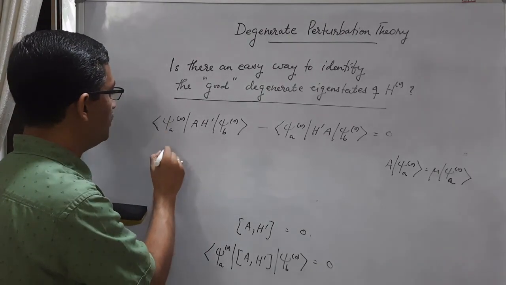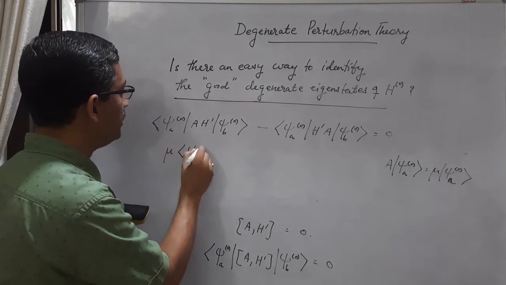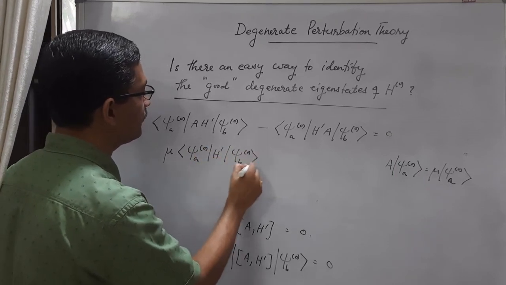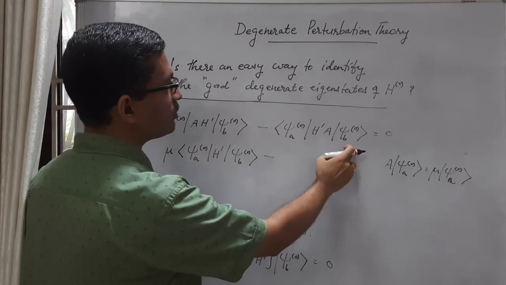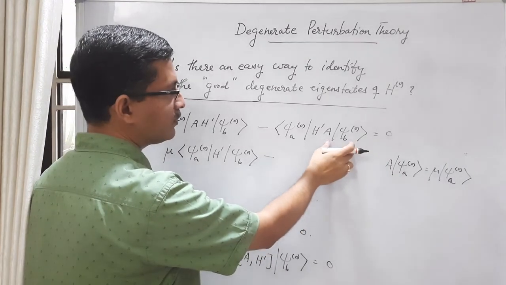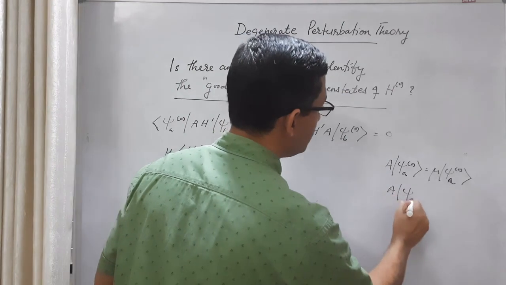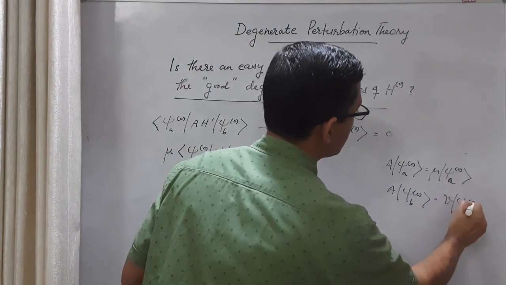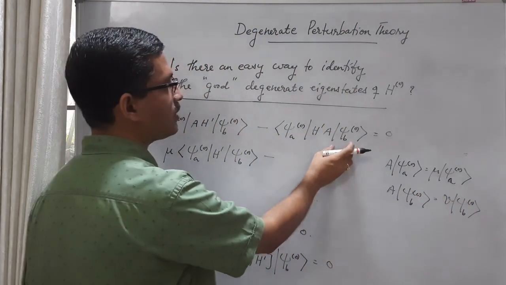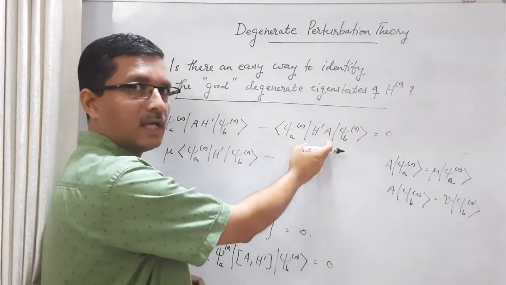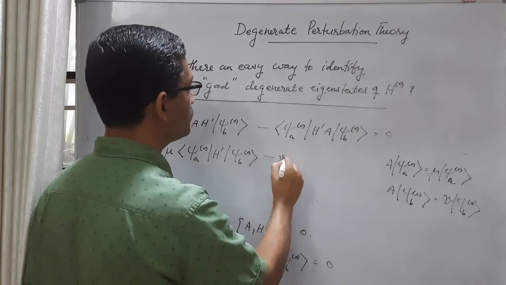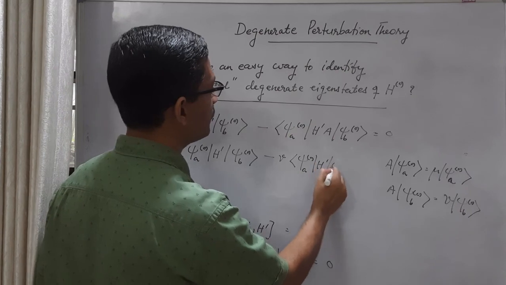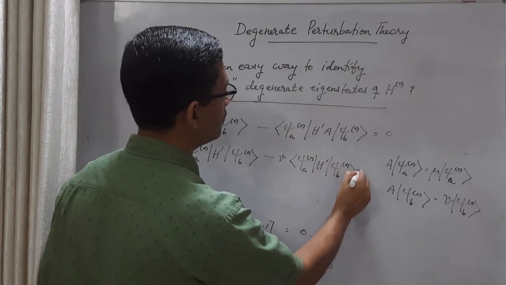So what you get is mu times psi A0 H prime psi B0. Here A can act on the right side ket vector. A acting on psi B0 will give some nu times psi B0. Nu is a real scalar, we can take it outside. So nu times psi A0 H prime psi B0 equal to 0.